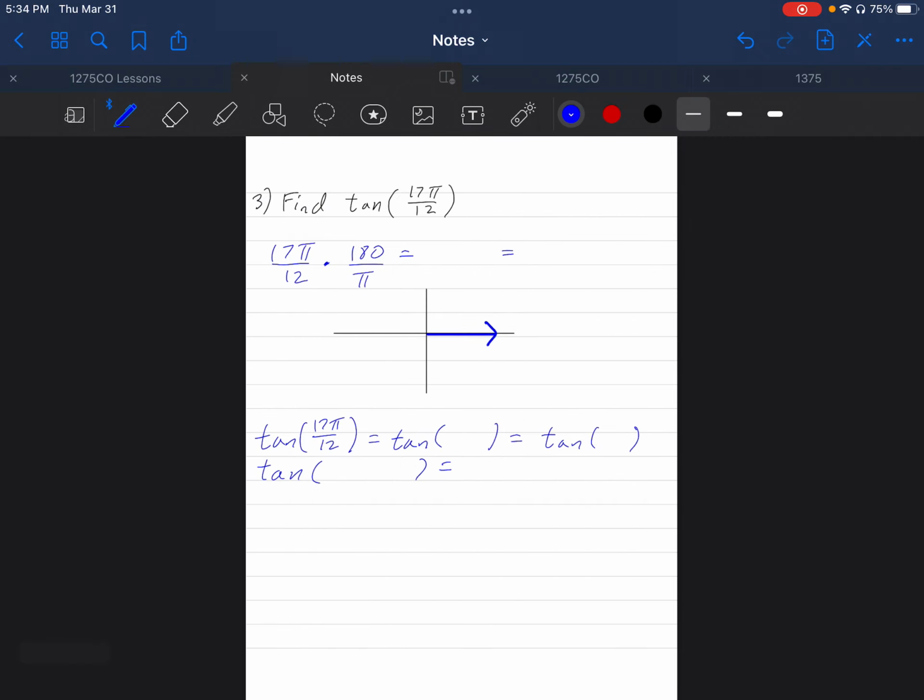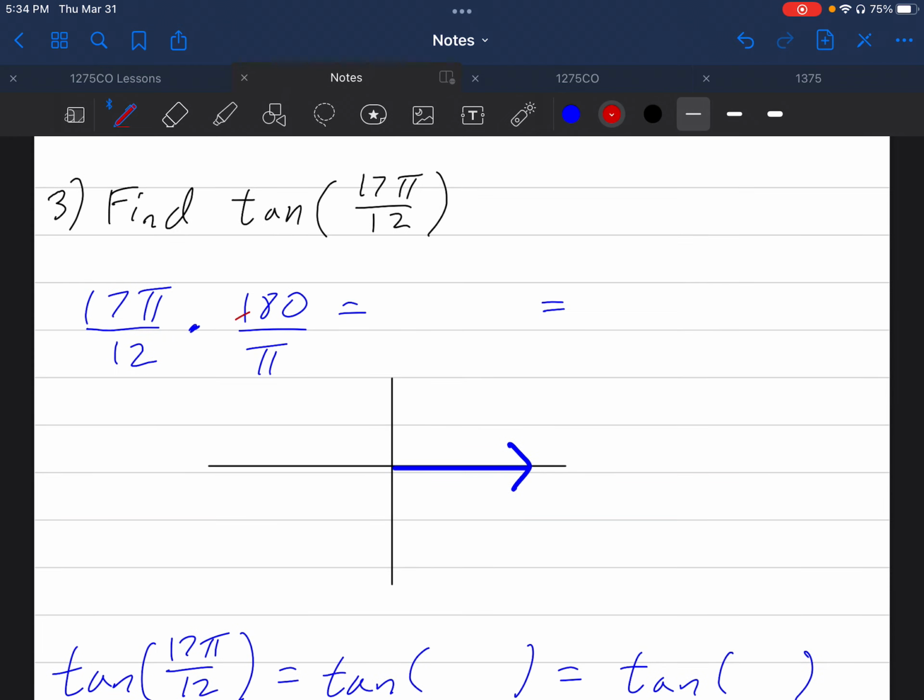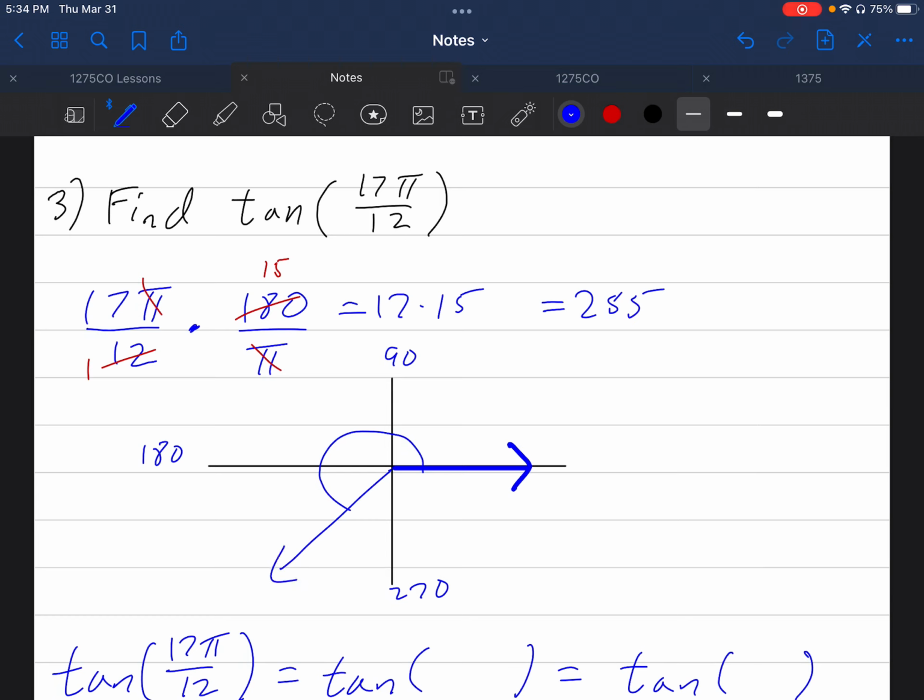And so let's look at another one, the tangent of 17 pi over 12. Convert this into degrees first. Once again, 15 over 1, pi's cancel out. So 17 times 15 is equal to 255. 90 up here, 180 over here, 270 down here, another quadrant 3 angle because it's somewhere between 180 and 270.